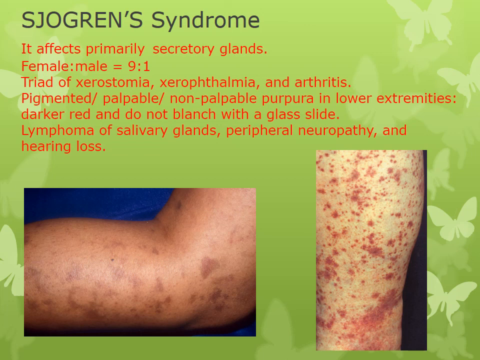Purpura is caused by extravasated red blood cells from the capillaries of the skin into the skin itself. We usually examine purpura by using a glass slide. Purpura does not blanch with a glass slide. This is how we differentiate purpura from other erythematous macules or patches. These patients, if neglected and undiagnosed, go on to lymphoma of the salivary glands, peripheral neuropathy, and hair loss.